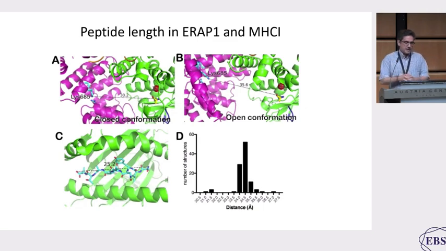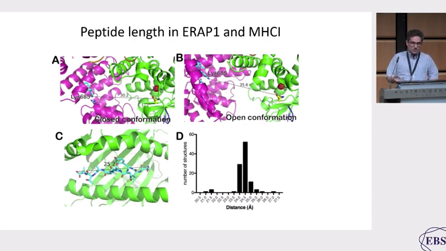This difference in distance between the C-terminus site and the catalytic site is very reminiscent of MHC molecules. If you measure MHC molecules, if you look at panel C, most peptides bind with an extended conformation, and for a 9-mer, they reach a distance of about 25 angstroms. If you look at ERAP1, the distance between those two sites in the closed conformation is a little bit bigger.